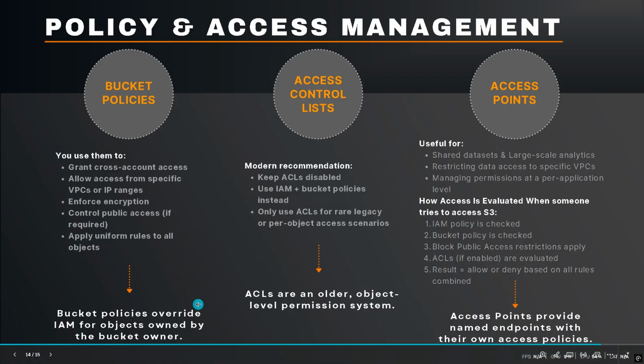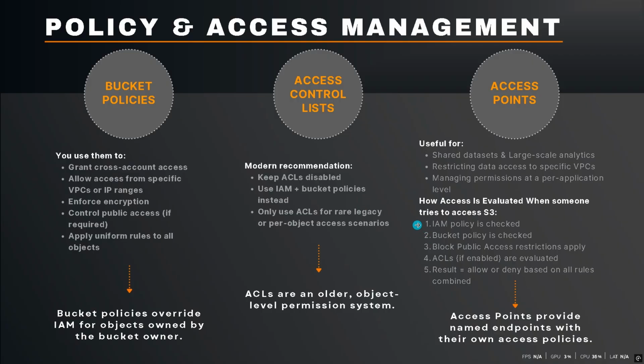So ACLs are an older object level permission system. And access points are useful for shared datasets or large scale analytics, restricting data access to specific VPCs, and managing permissions at a per application level. So how is access evaluated when someone tries to access S3?